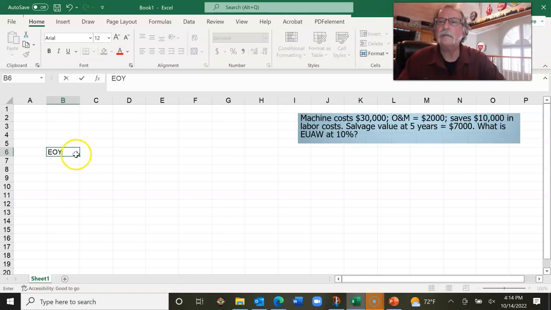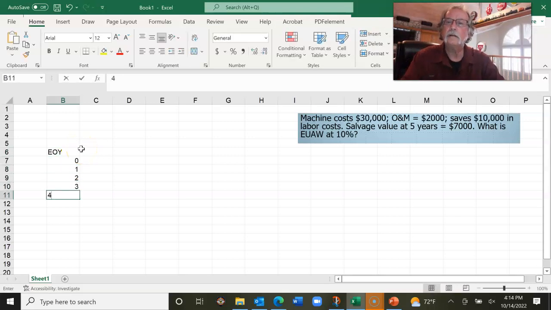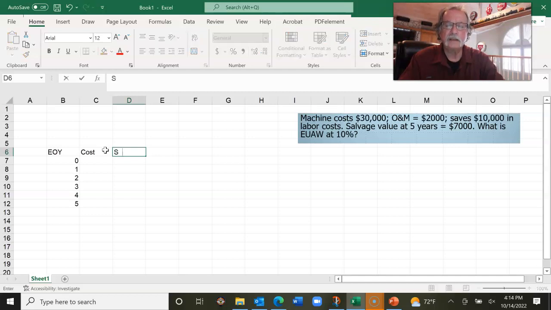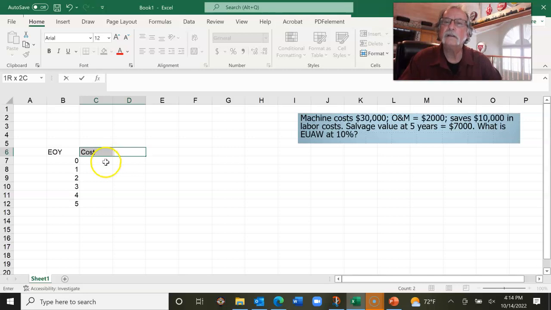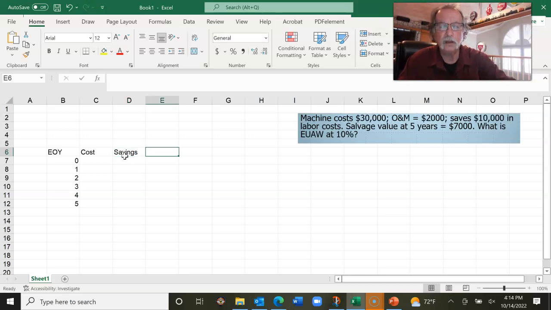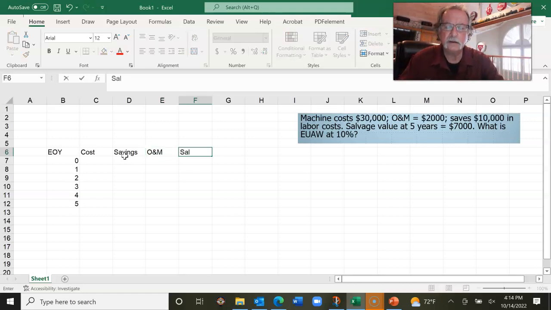So we have end of year, the cost, the savings, O and M, salvage value, and net cash flow. We have an interest rate of 10%.